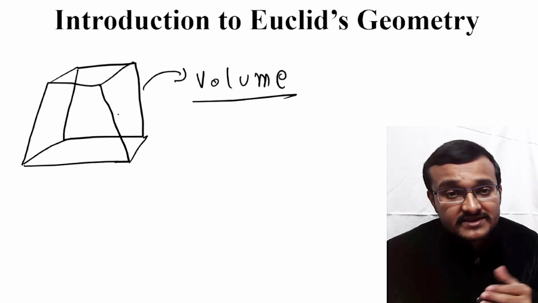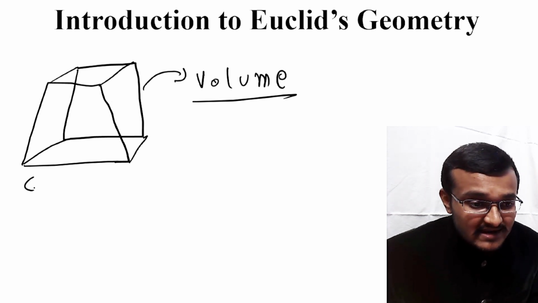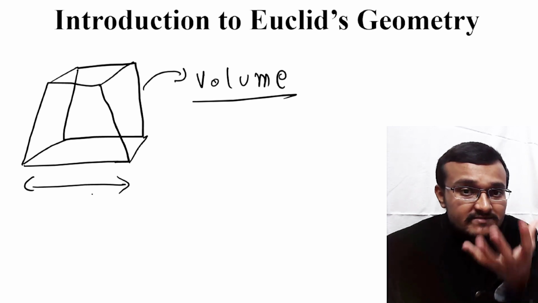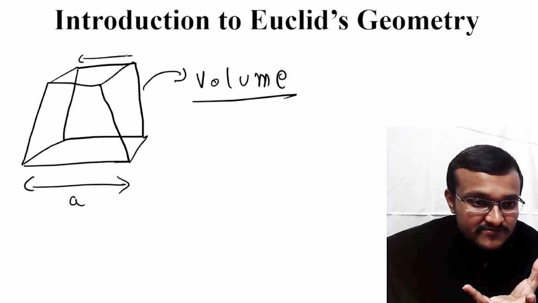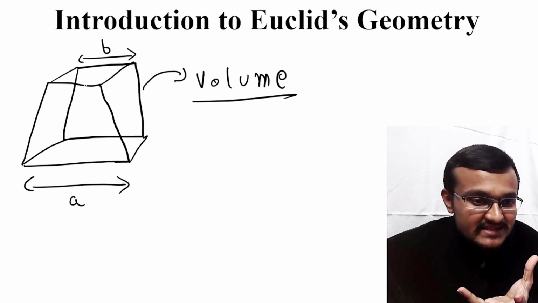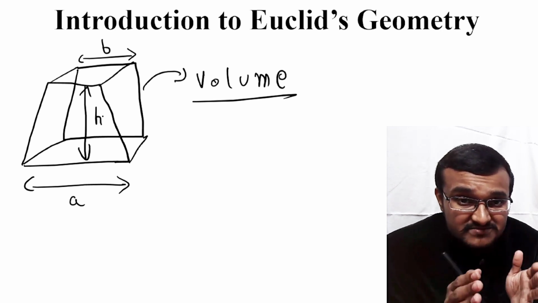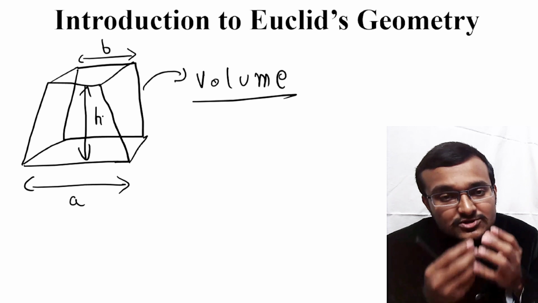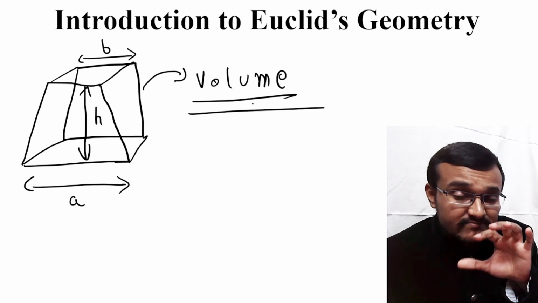For that they used the length of the bottom part of the pyramid, which is A, the length of the top surface, which was B, and the height of the pyramid, and they incorporated all these terms into a formula to calculate the total volume of the truncated pyramid.